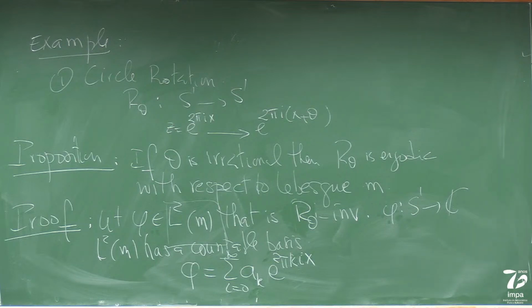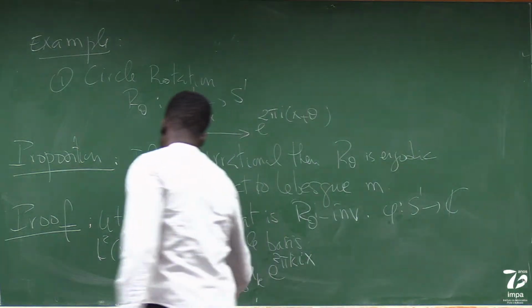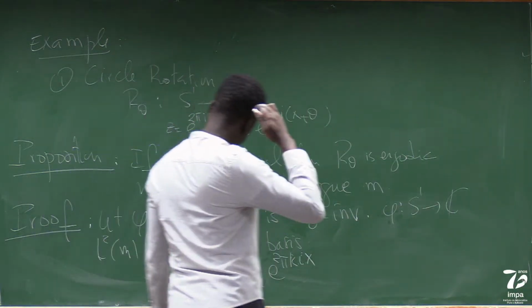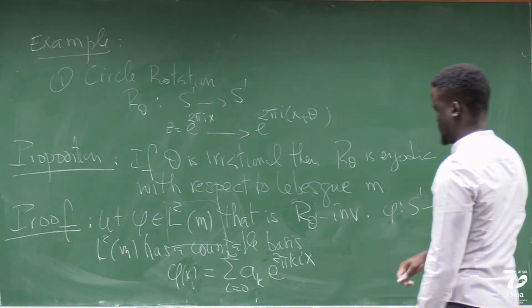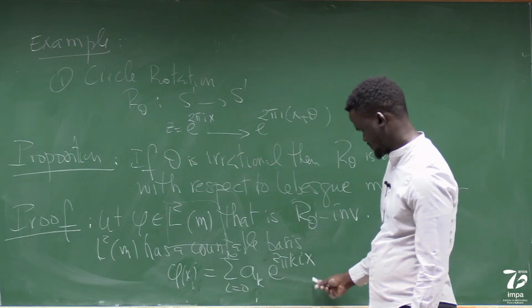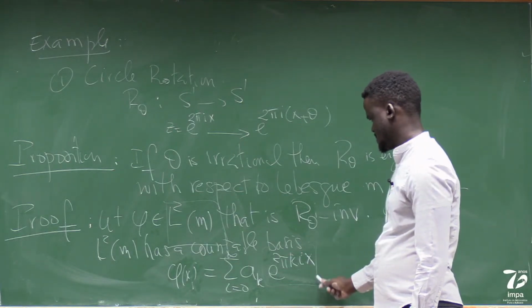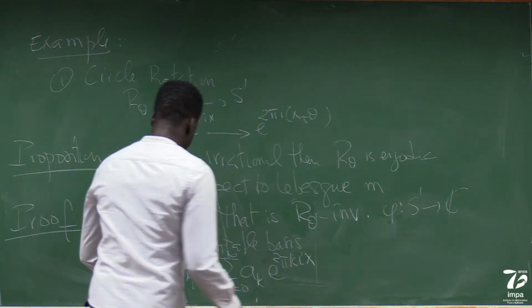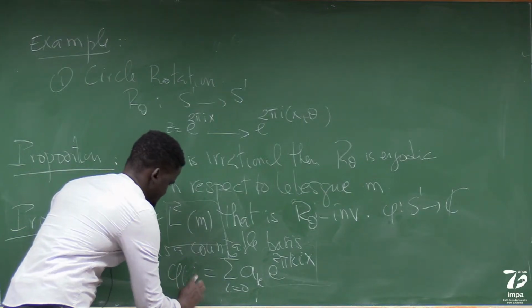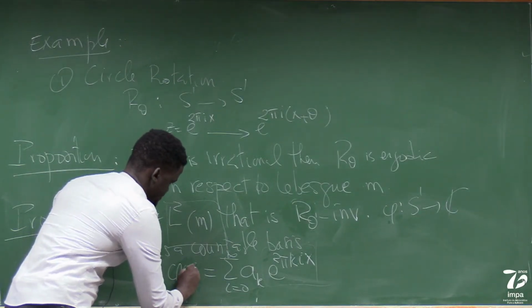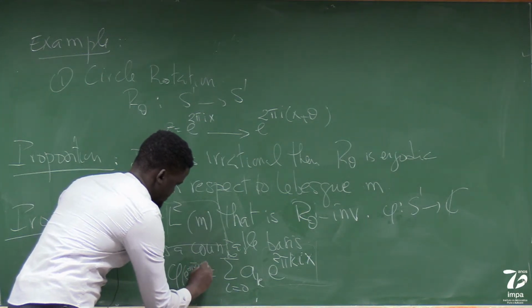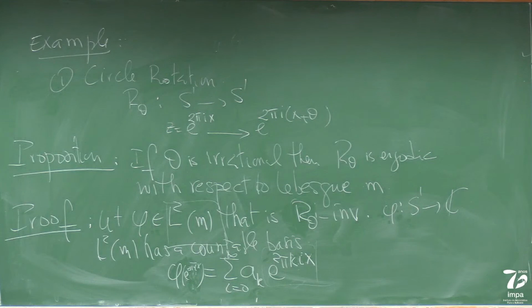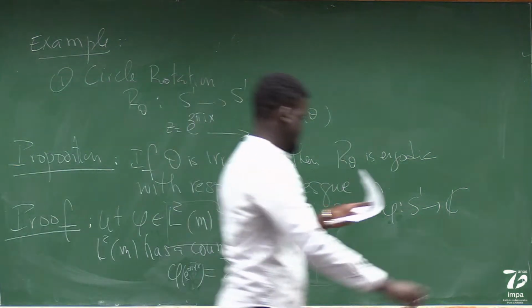So what does invariance mean? So this is phi of x, sorry, x or z. I should be more careful: e^(2 pi i x). So this is because this family is a basis.